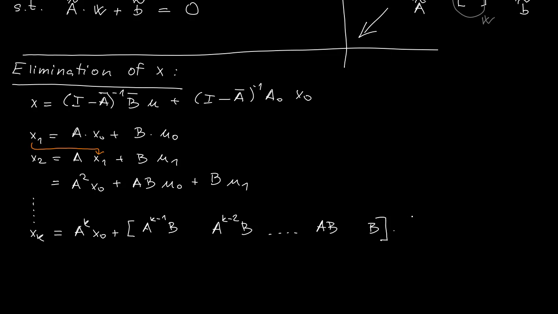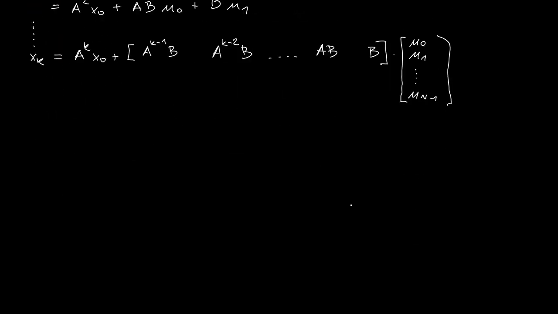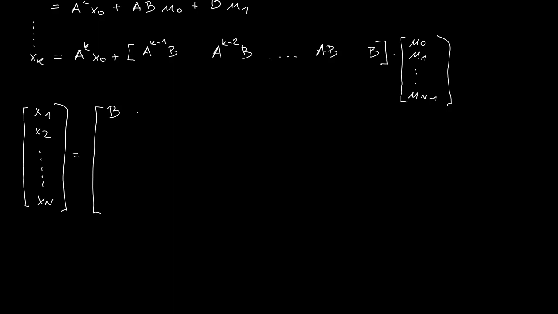So if I now proceed by stacking all these state vectors into that one long vector, this is how the relationship between this long x and long u looks like. You can again check by yourself.